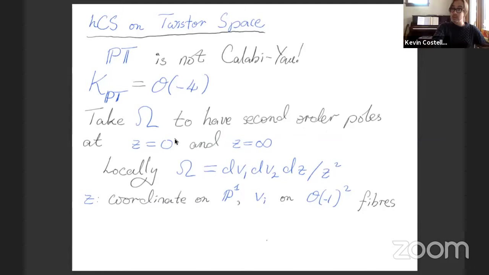It needs to have a total order of pole of 4, and here I put 2 of them at 0 in CP1 and the other 2 at infinity in CP1. So that in coordinates, it looks like dv1 dv2 dz mod z squared, for instance. Here z is a coordinate on CP1 and the v_i are coordinates on the fibers, the O(1) squared fibers. So I'd like to study holomorphic Chern-Simons with this volume form.